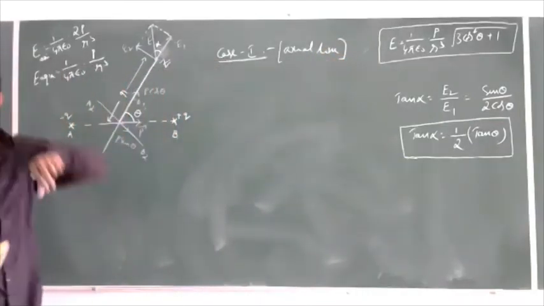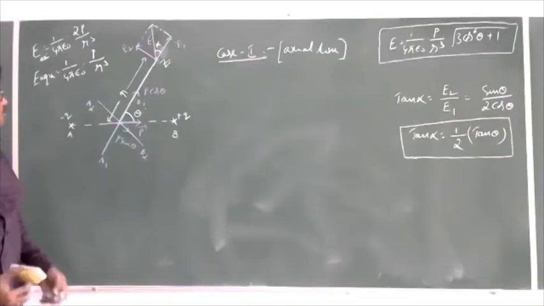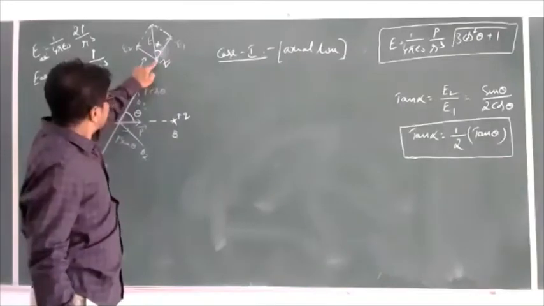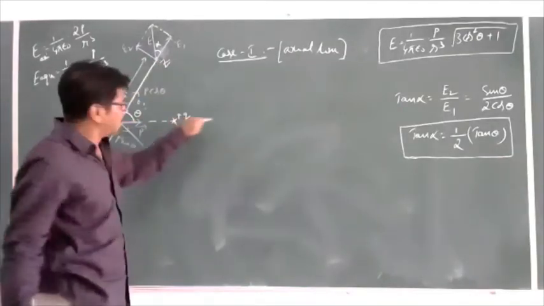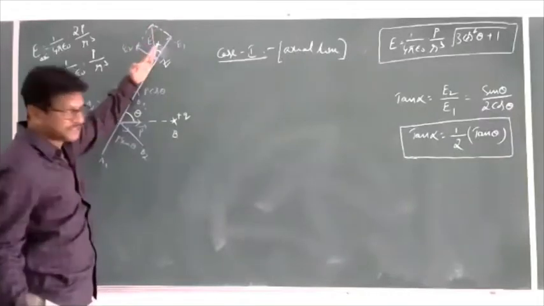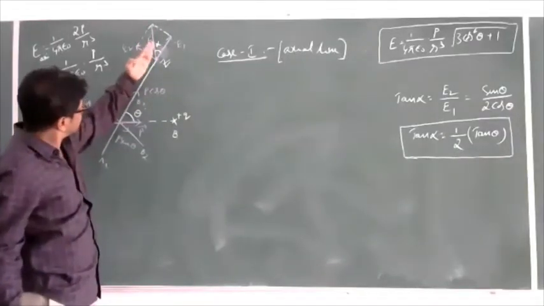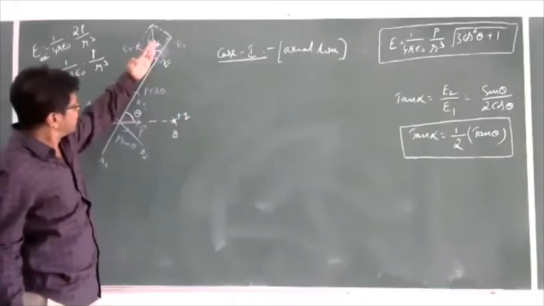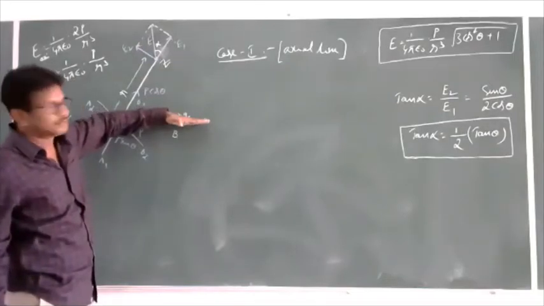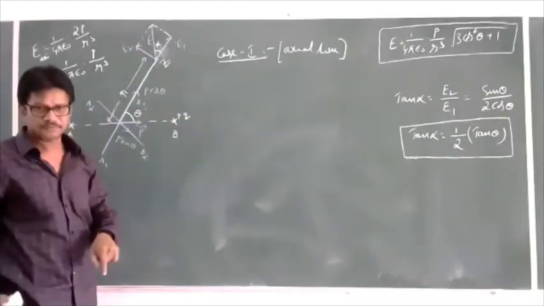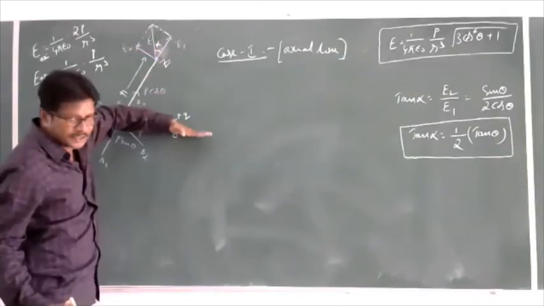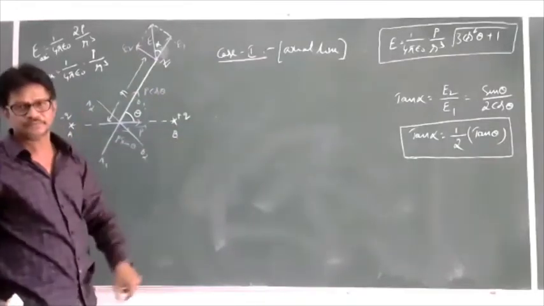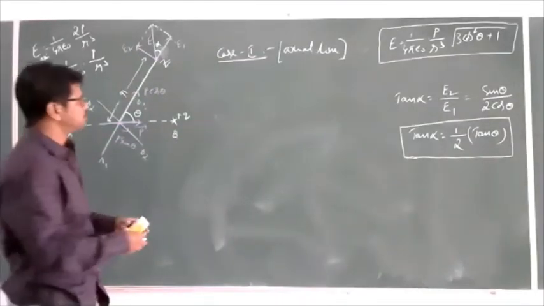This point Z I am taking on the axial line. Then what should be the value of theta here? Theta is equal to 0, because I am taking this point somewhere here on the axis.